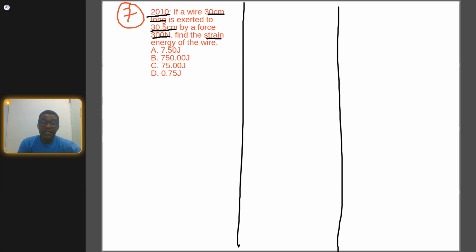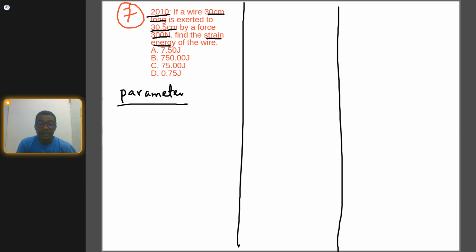Take note, the strain energy of the wire is synonymous to the energy stored in the wire, during the process of elasticity. So we have parameters given in this question.